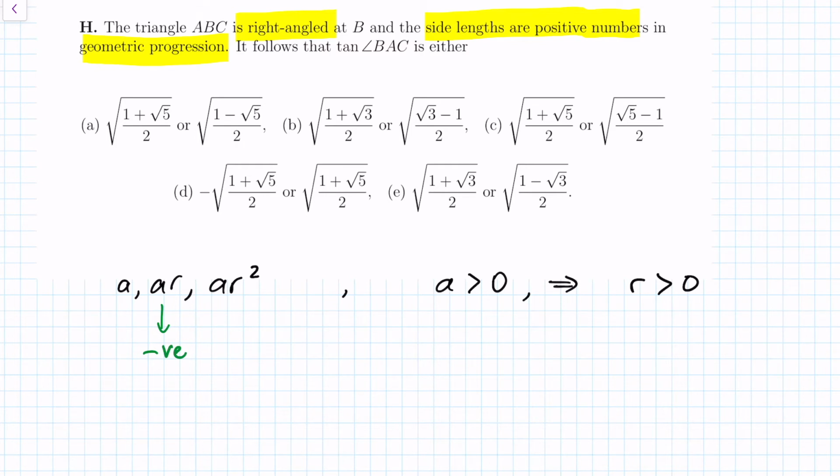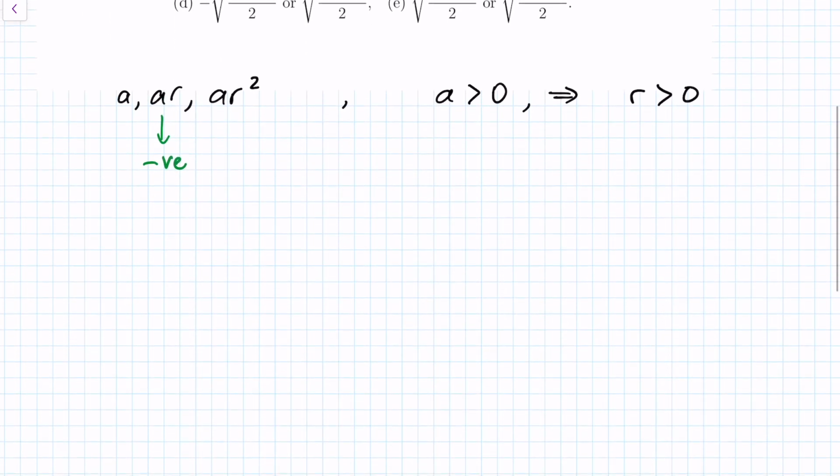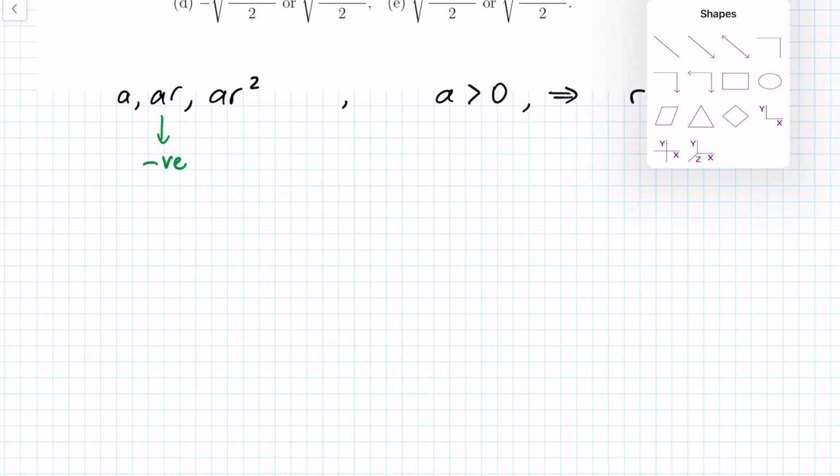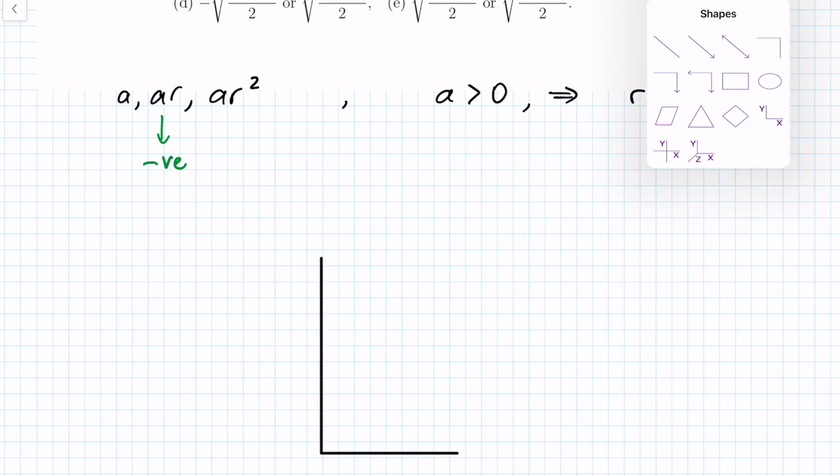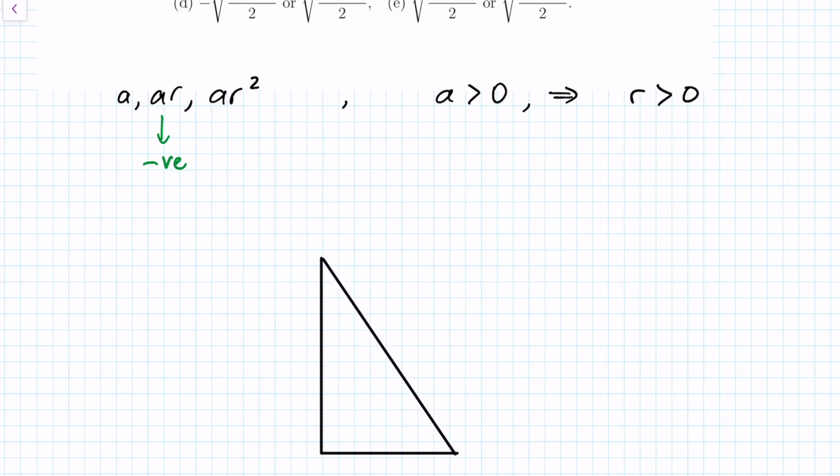Why is that important? Well, when we're constructing the triangle, we have to consider whether that will make any changes. So let's call this ABC, and the question says tan BAC, so we're interested in that angle.